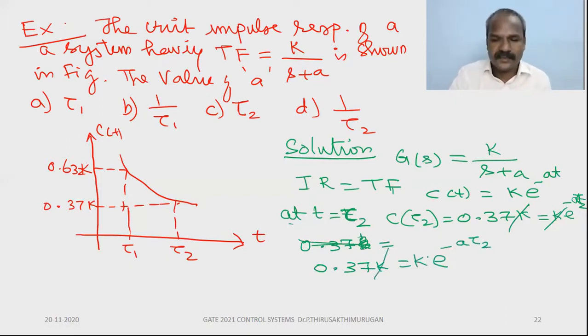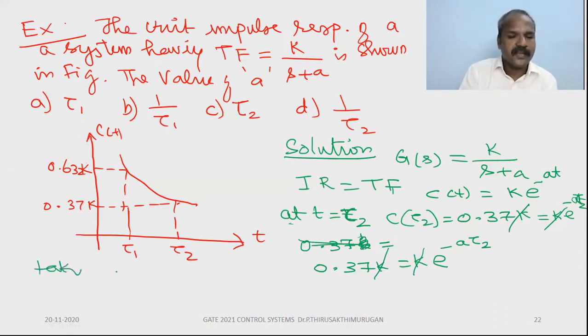So 0.37k equals k into e power minus a tau 2. The k cancels. Take natural log on both sides.